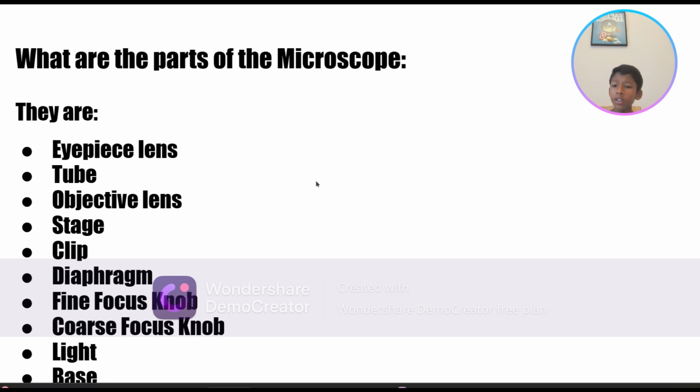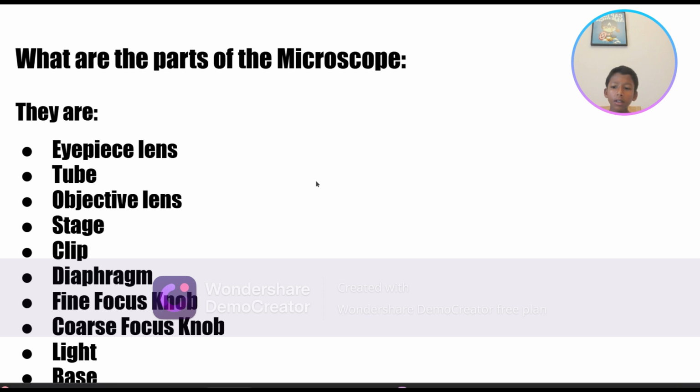The stage is where we put the slide on top. The clip is where we hold the slides in place on the stage. The diaphragm is connected to the light. The fine focus knob and the coarse focus knob are used to sharpen and make the image more clear.